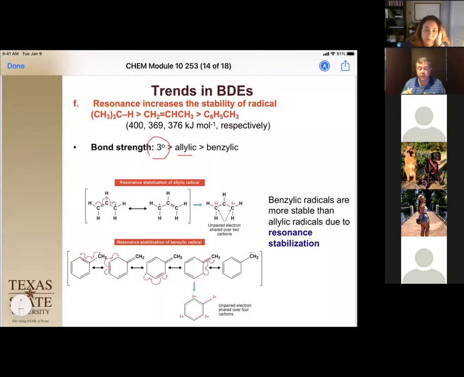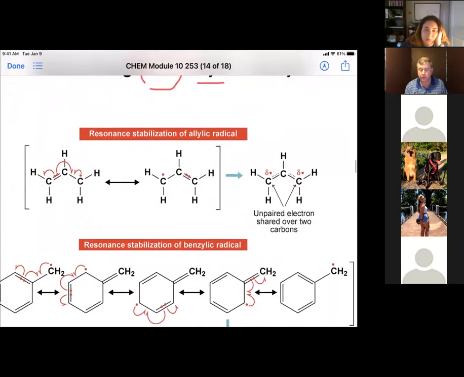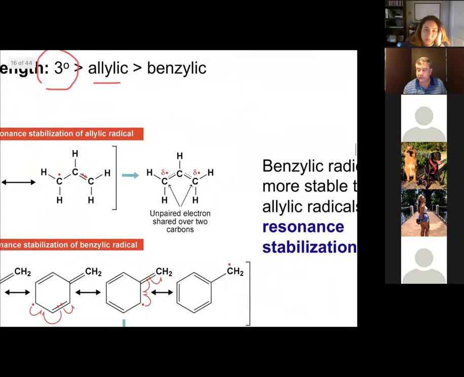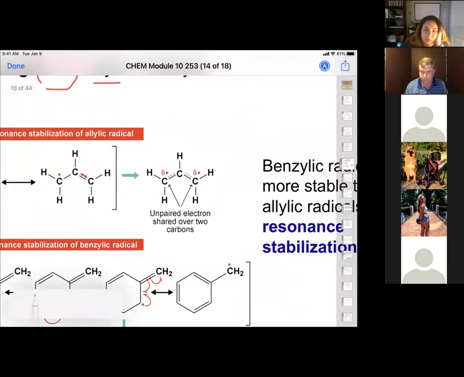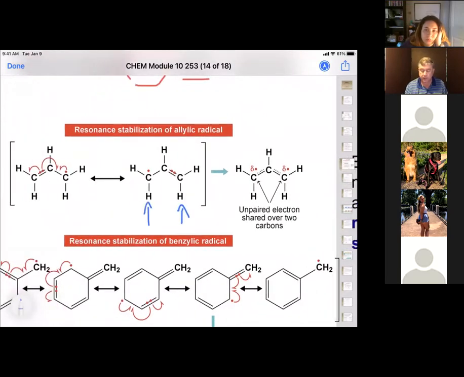spread that. So if we look at the resonance structures of our allylic radical here, we can have the radical on this atom half the time, on this atom half the time, and on this atom half the time. And that's why it's more stable than that tertiary radical. That tertiary radical only has 1 place for that radical to be. In the allylic system, we can move that radical back and forth over 2.